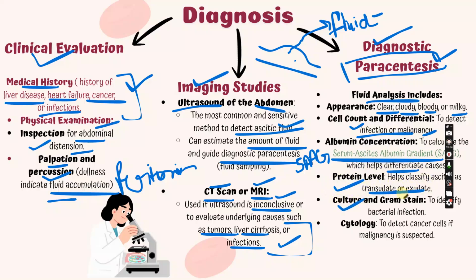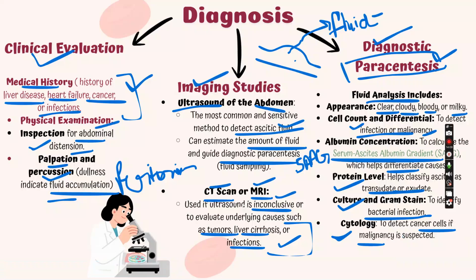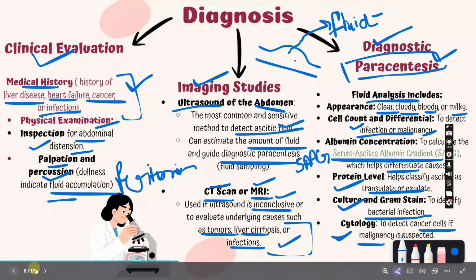Then go for the culture and Gram stain to make sure that there is no bacterial infection that is causing it. Then there is cytology to detect cancer cells if malignancy is suspected. So we'll go for the cytology to detect if the patient is suffering from any underlying cancer or not.